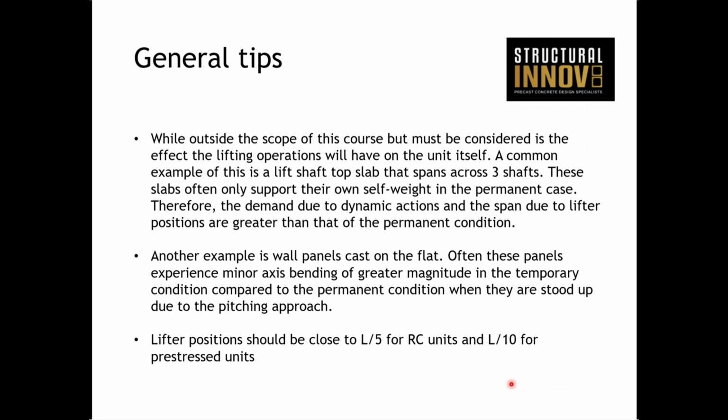But often an example is for a lift shaft, where you could have 3 shafts and a cover slab on top. So if the lift shaft was 9 meters, 3 meters each shaft, your slab in the permanent case is only spanning 3 meters. But during lifting, it's a single unit, and your lifters are just in from the edge, so you could be spanning 5-6 meters in the lifting case.